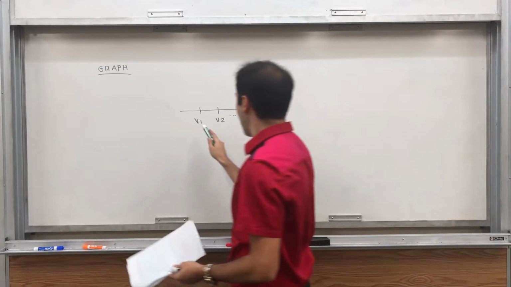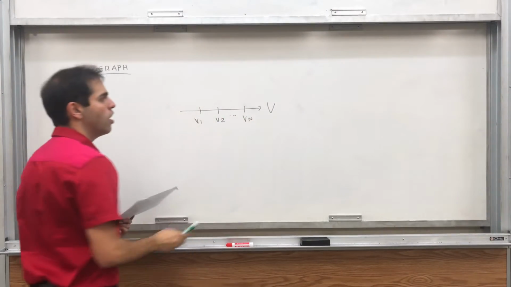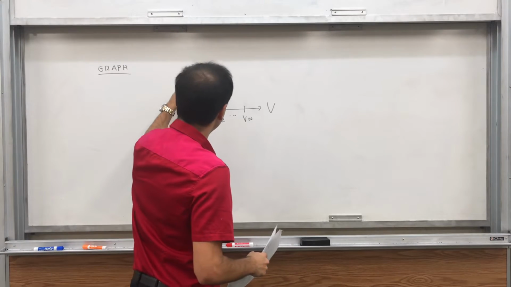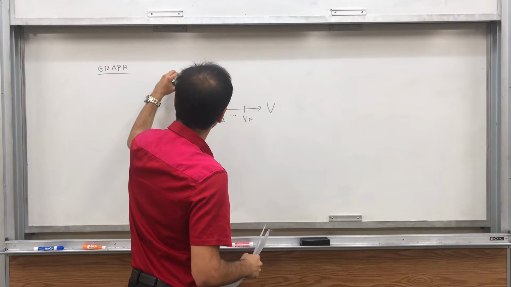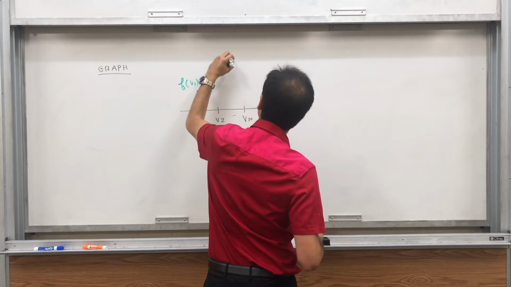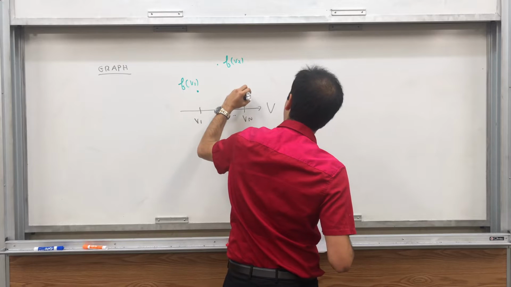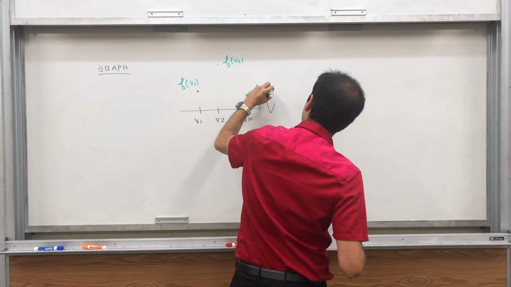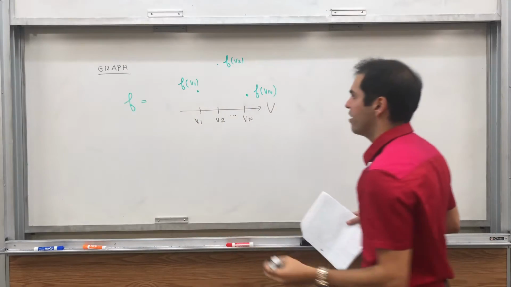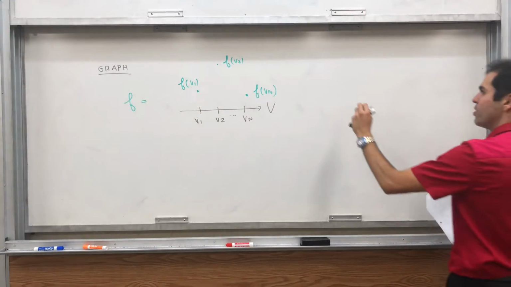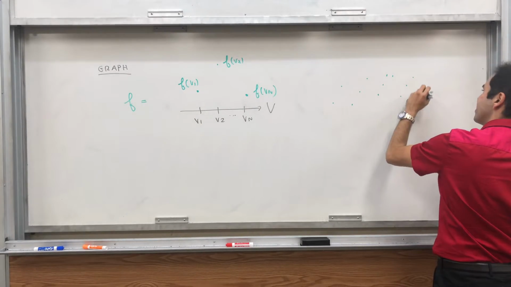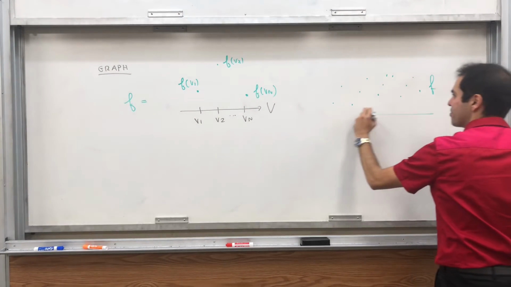So remember, f of v1, f of v2, up to f of vn are just numbers, real numbers. So just draw them as dots: f of v1, f of v2, f of vn. Then you get what I like to call this dot diagram, which represents precisely what f is. So given a certain diagram, you can actually recover what f is.